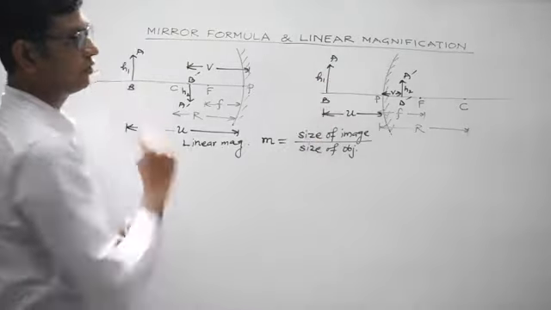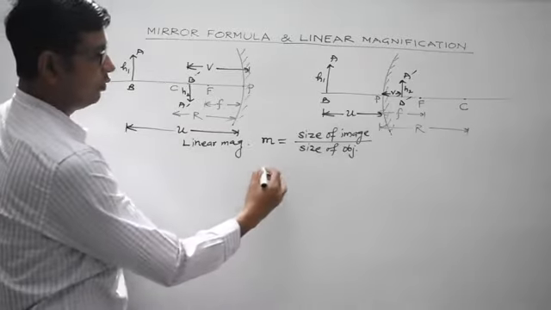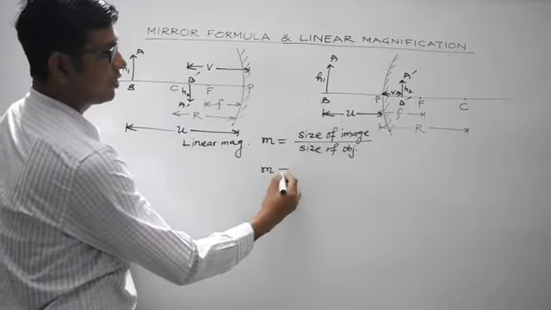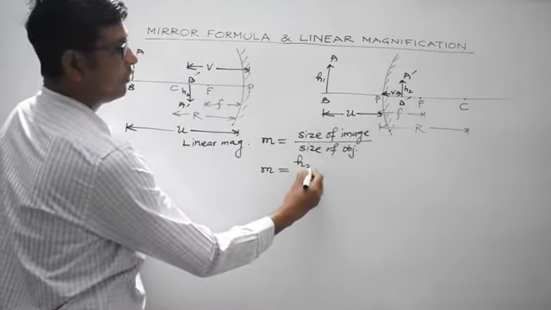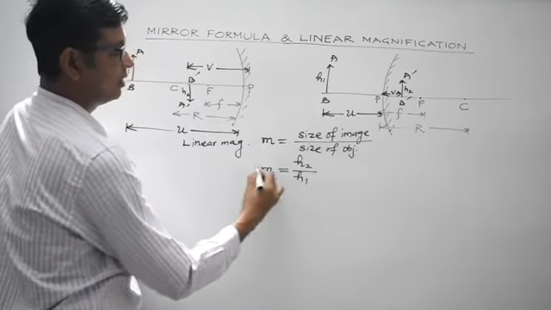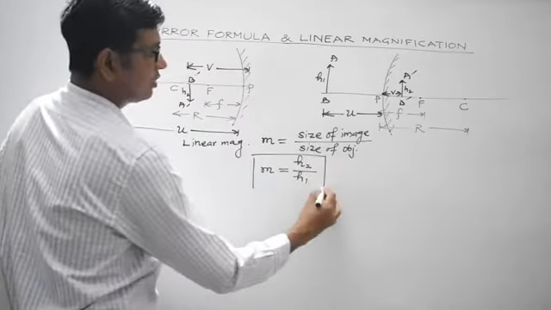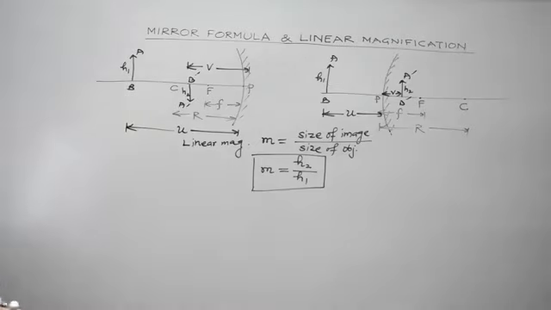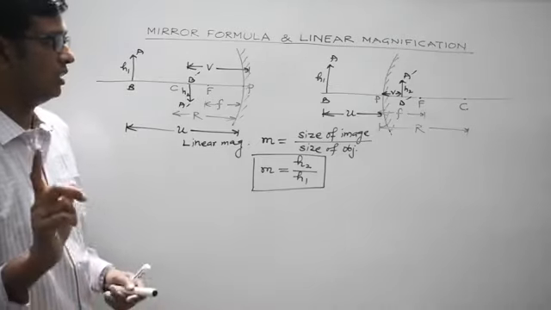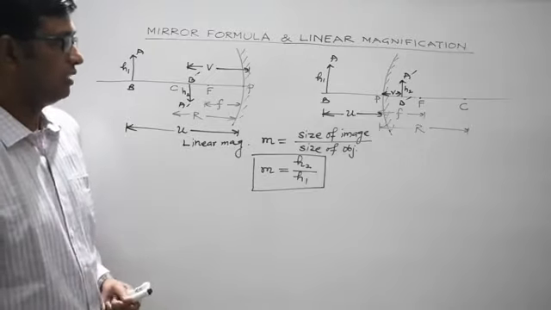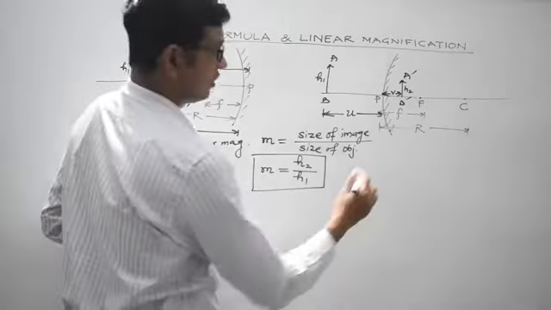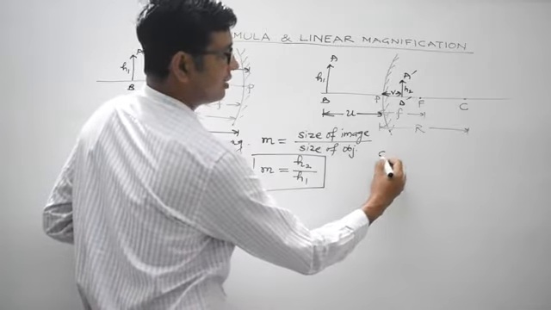So linear magnification is defined as the ratio of h2 and h1. h2 denotes the size of the image while h1 denotes the size of the object. Now here one thing I would like to make very clear about linear magnification, let's discuss some cases.